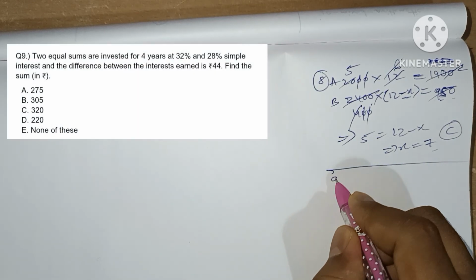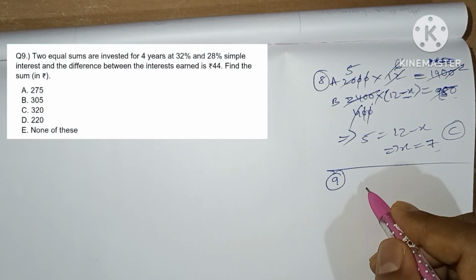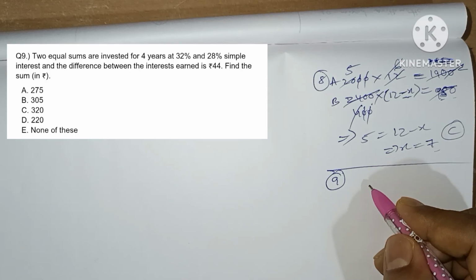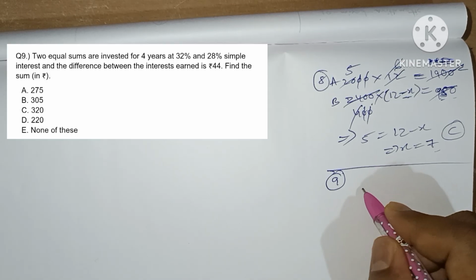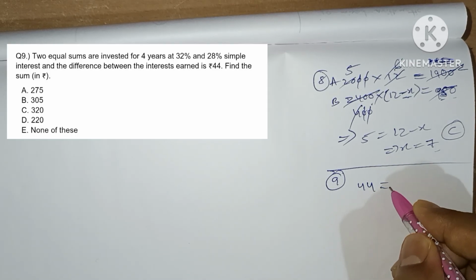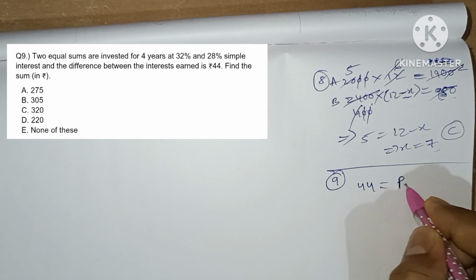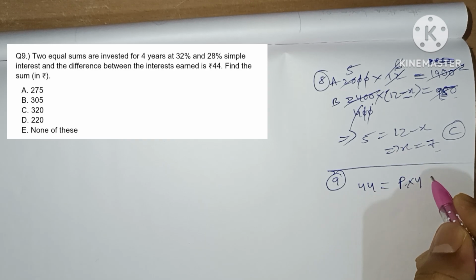Next, ninth question. Two equal sums are invested for 4 years at 32 percent and 28 percent simple interest, and the difference between the interests earned is 44 rupees. P is common for both, and 4 years is also common.